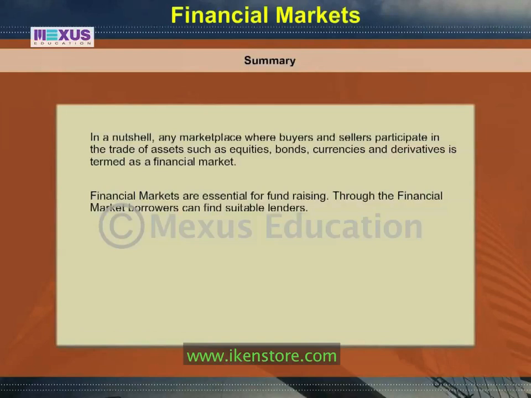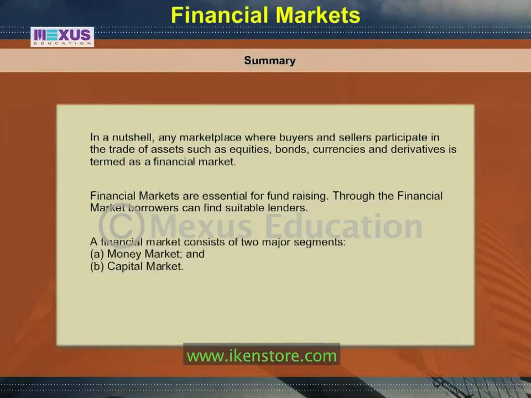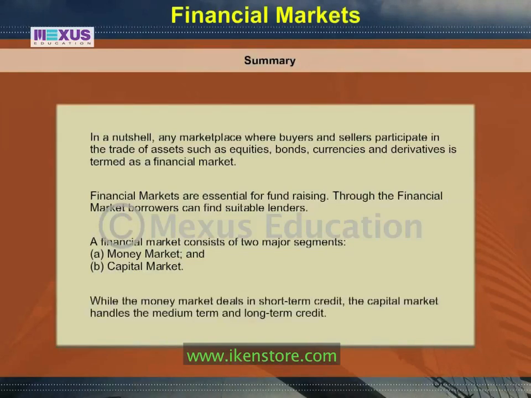Through the financial market, borrowers can find suitable lenders. A financial market consists of 2 major segments, A. Money market and B. Capital market. While the money market deals in short-term credit, the capital market handles the medium-term and long-term credit.